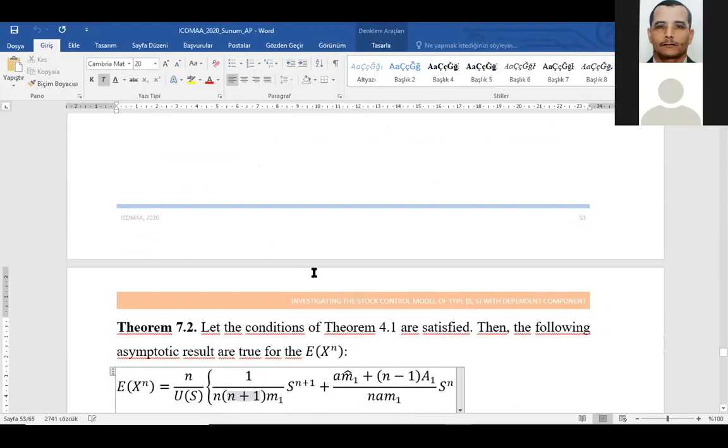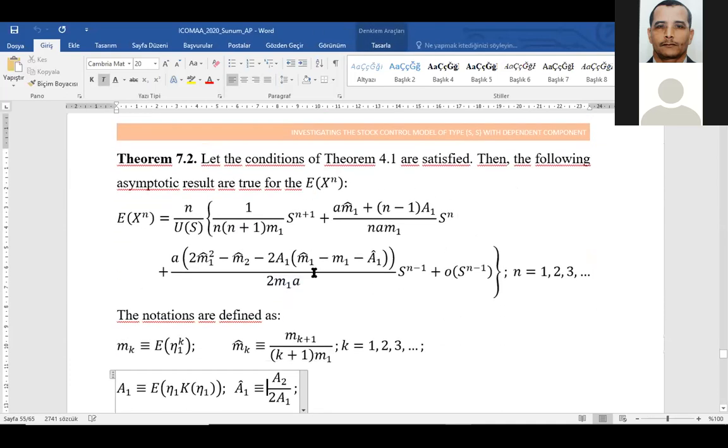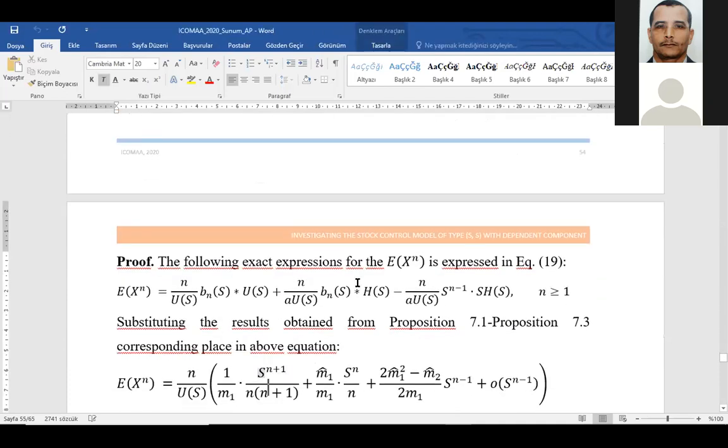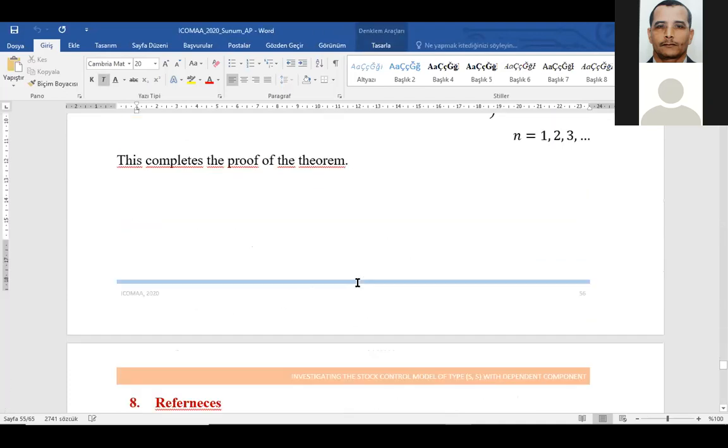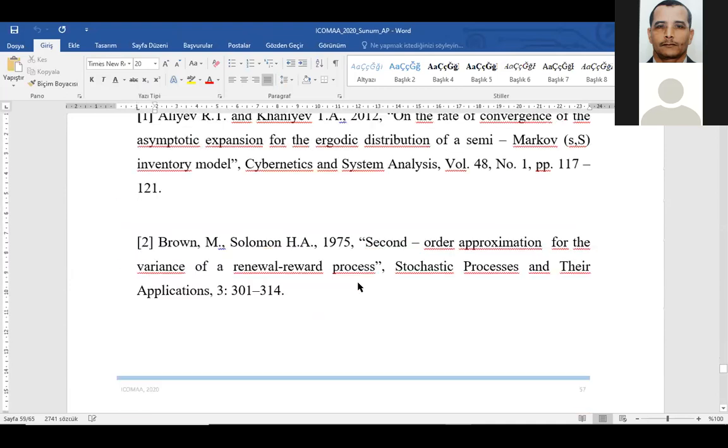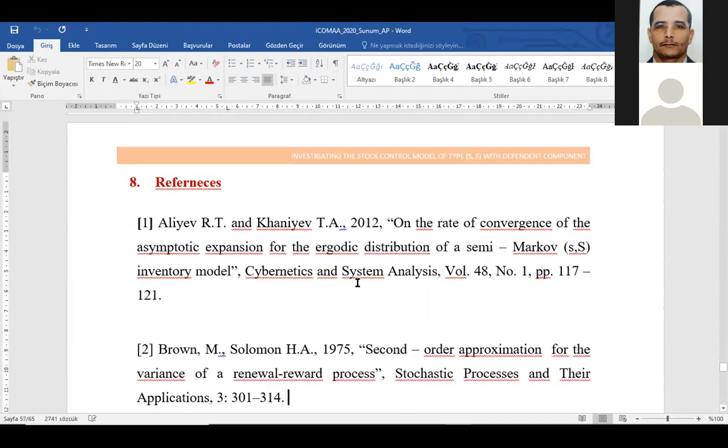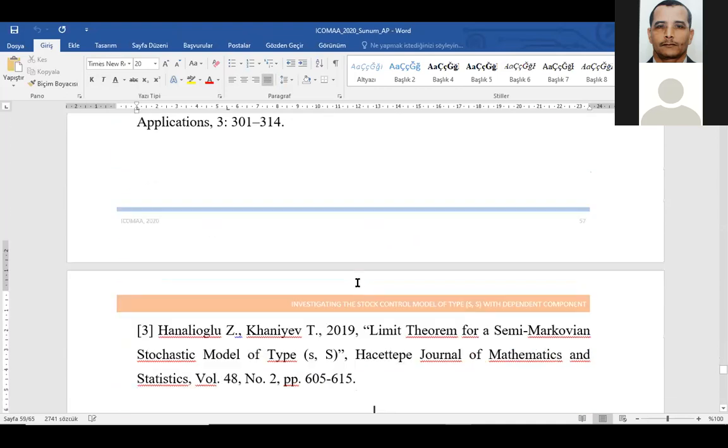Then we have asymptotic results for the ergodic moments of the process. This is our results. This is the proof. Then there are our references.